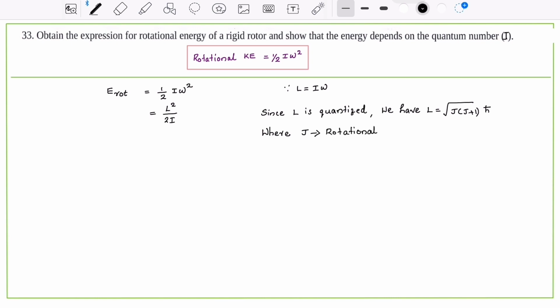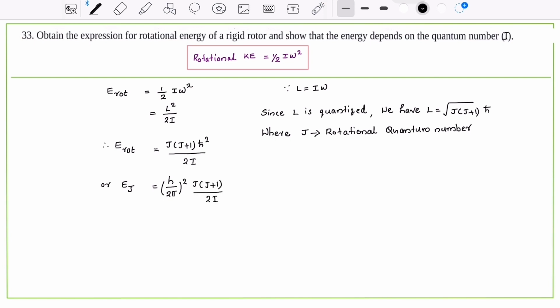That is, the angular momentum of the molecule is quantized according to quantum mechanics. Therefore, we can say E rotational is equal to J into (J plus 1) h cross square divided by 2I, or E_J is equal to (h by 2 pi) whole square into J (J plus 1) by 2I.